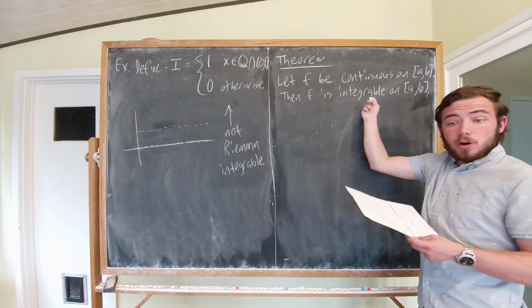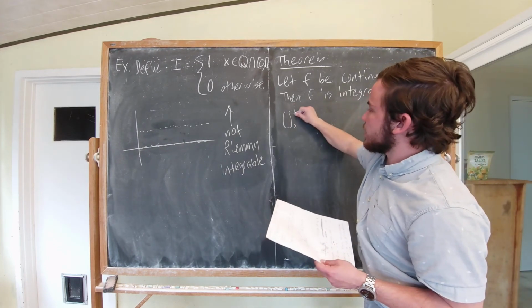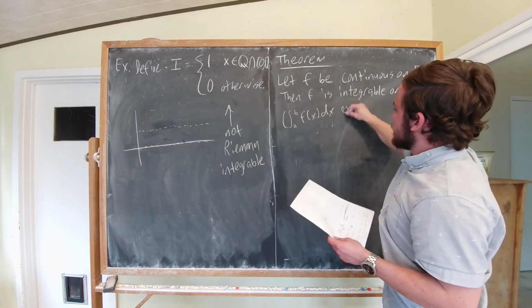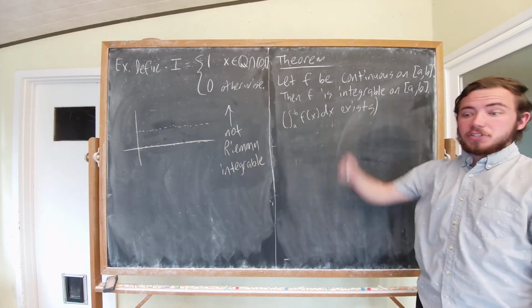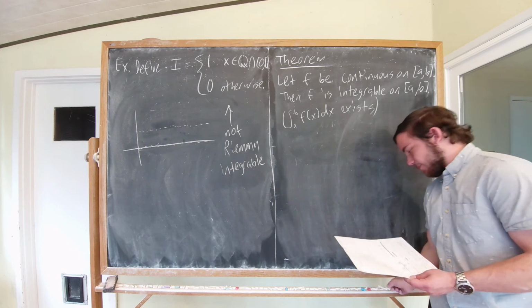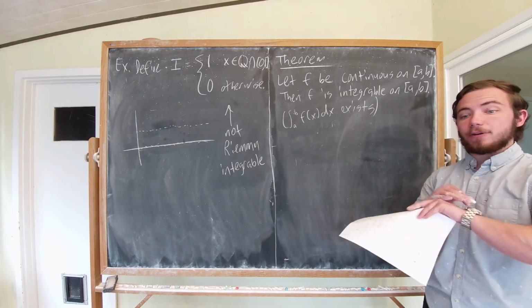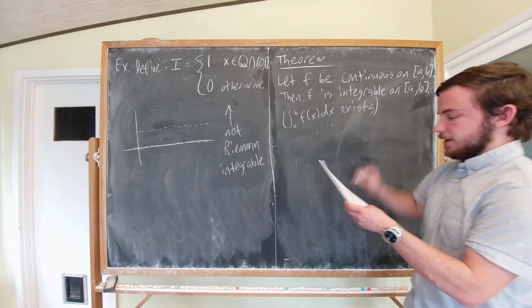Or in other words, what does it mean to be integrable? It means that the integral from a to b of f of x dx exists. So, for any nice function, continuous is a pretty nice property for a function to have, the Riemann integral will exist and everything sorts out nicely. You don't need to prove this, you don't need to know why it works, it's complicated.